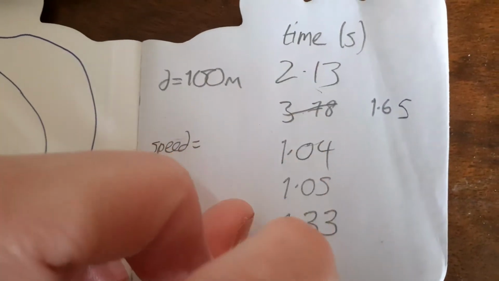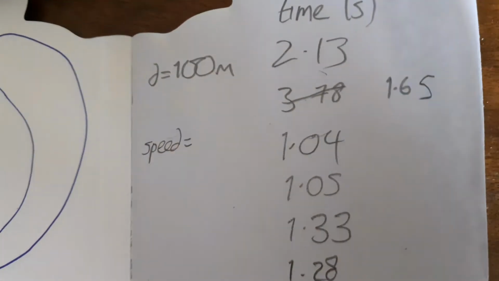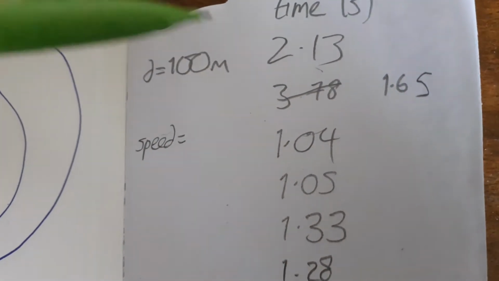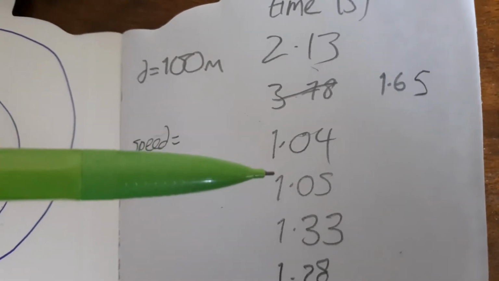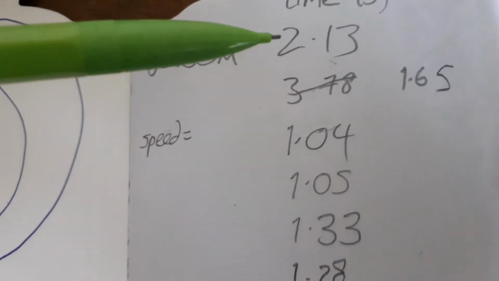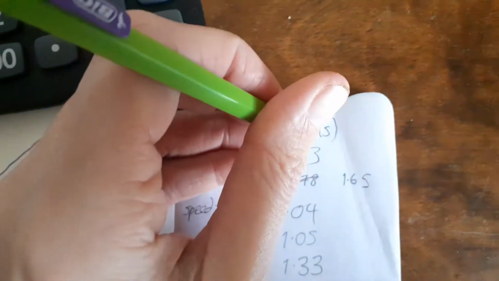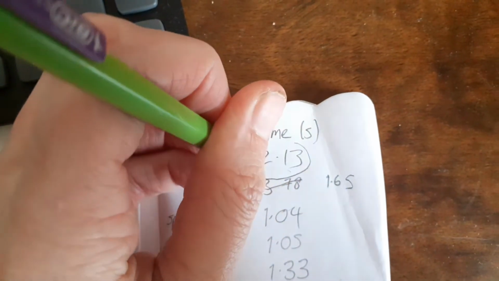And here's my time. We did it 6 times in the end, because look at that one. That's about twice the length of some of these. So this one has to be an anomaly, and I'm going to circle it.